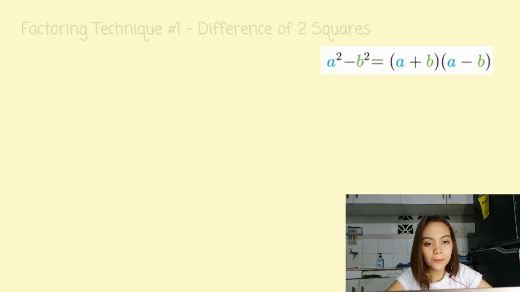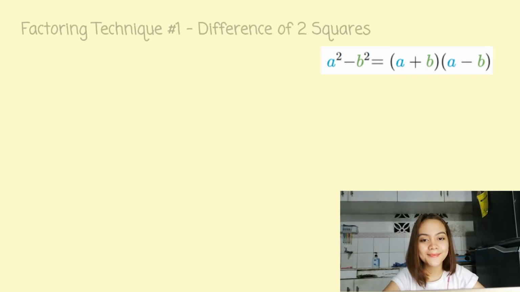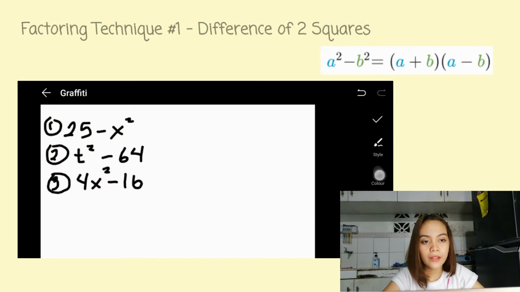Now we have 3 examples of polynomials that fall under this category. So problems 1, 2, and 3 match the pattern a squared minus b squared. We can separate each polynomial into its factored form.